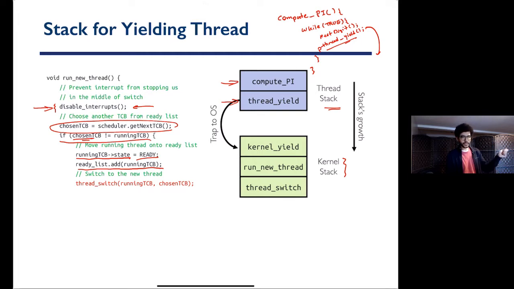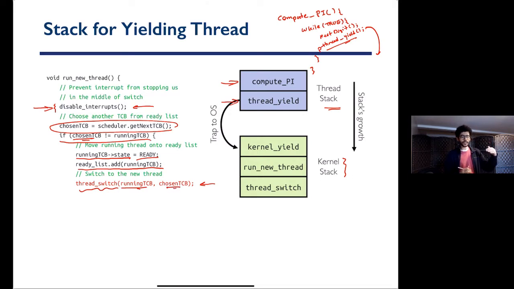Maybe it goes to the back of the list, but whatever scheduling policy you have, it's going to go to that list. And then I call this magic function that we've seen, thread switch. So now that I have a new thread to context switch to, I call this thread switch, I pass my TCB and this chosen TCB.